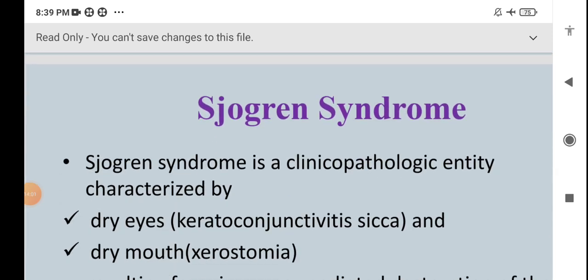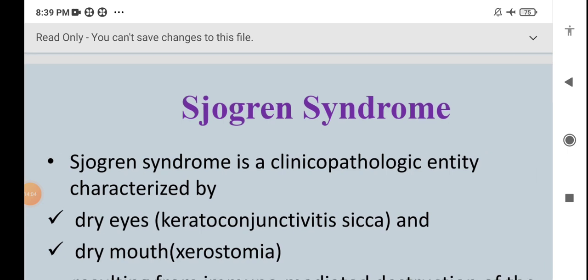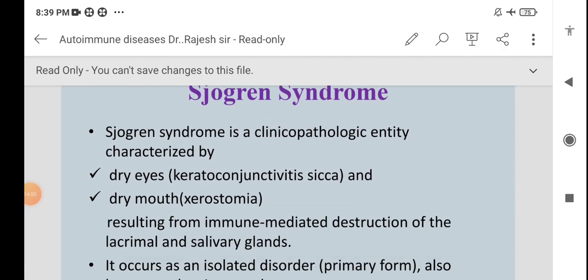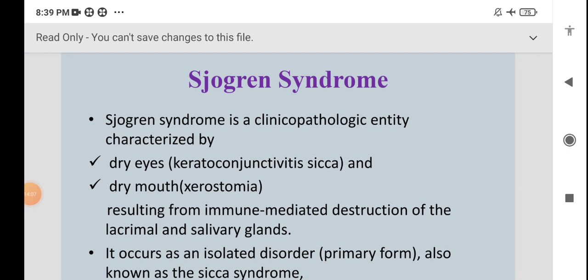Sjogren's syndrome. Moving to the next autoimmune disease, Sjogren's syndrome. Sjogren's syndrome is a clinico-pathologic entity characterized by dry eyes, that is keratoconjunctivitis sicca, and dry mouth, that is xerostomia, resulting from immune-mediated destruction of the lacrimal and salivary glands.